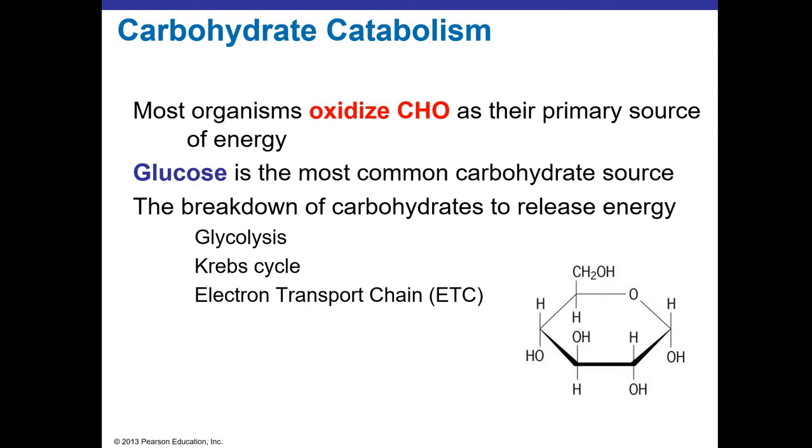So the breakdown of carbohydrates to release energy is going to happen in several major pathways. Glycolysis will be the first, then Krebs, and then cashing in our potential energy, taking it to the bank, so to speak, the electron transport chain. We see here what glucose looks like as the most common carbohydrate. It's a 6-carbon carbohydrate, and it's basically going to be the start of catabolism.